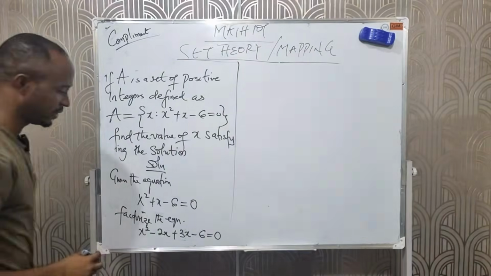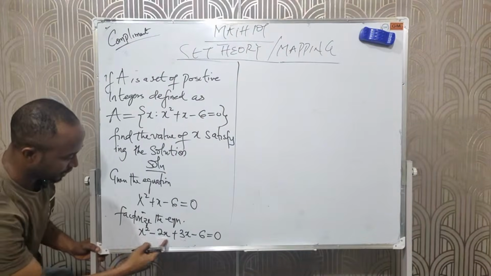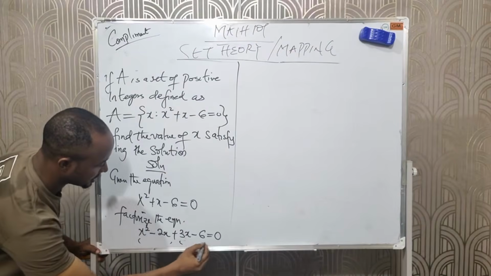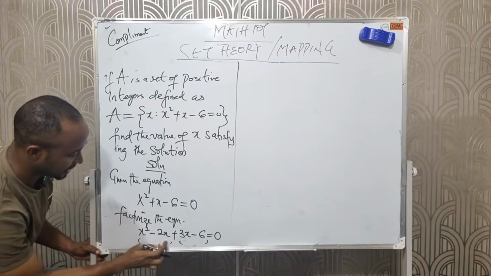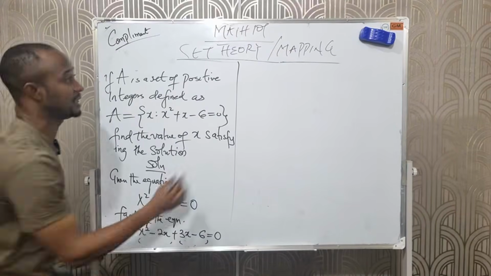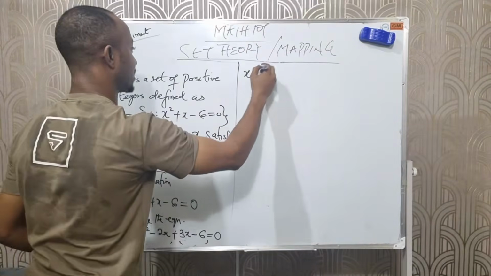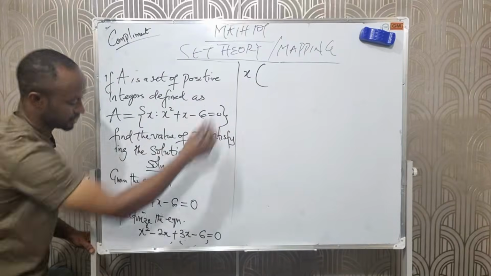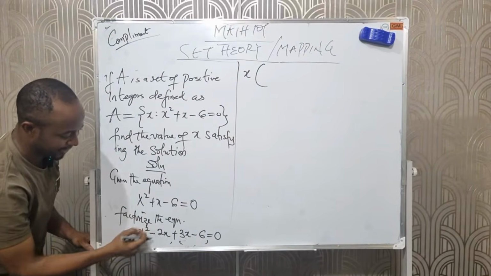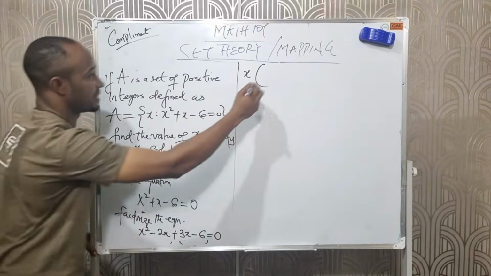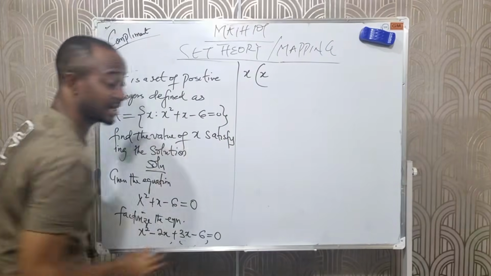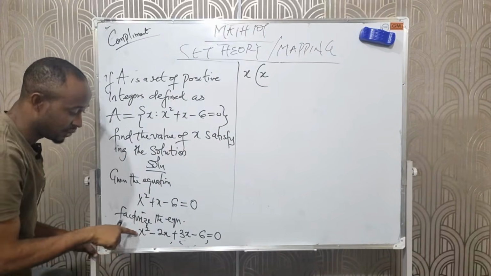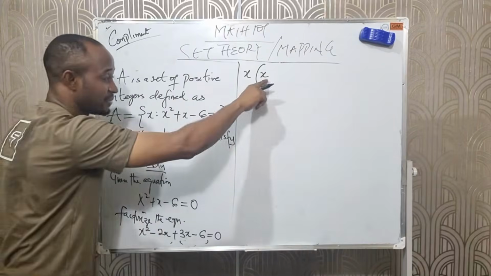When you evaluate further, I can group the first two terms together, then group the last two together. Between the first two, what is common is x. I'll bring that x out as a common factor and put my brackets here. If x is common, divide x squared by x, what's remaining is x. If I factor out x here, only one x remains in this bracket.